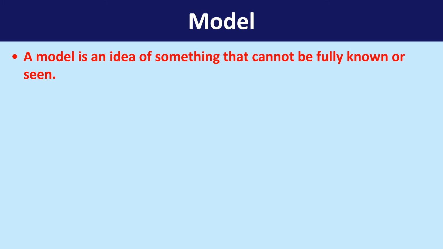Therefore, here's my ultimate definition. A model, ladies and gentlemen, is basically an idea of something that cannot be fully known or seen. What I mean by that is, we know what Earth looks like outside. We know where Canada's located. We know where China's located.